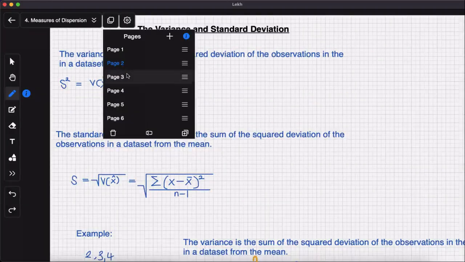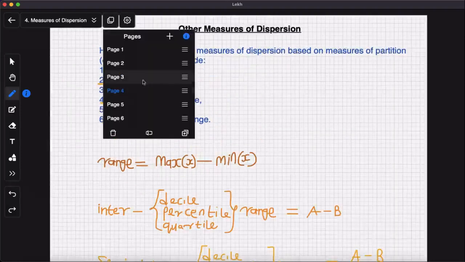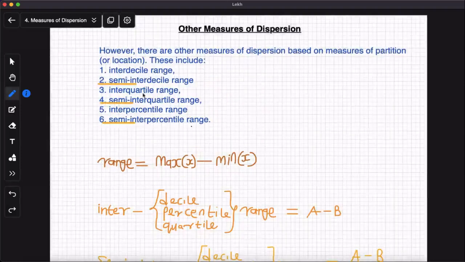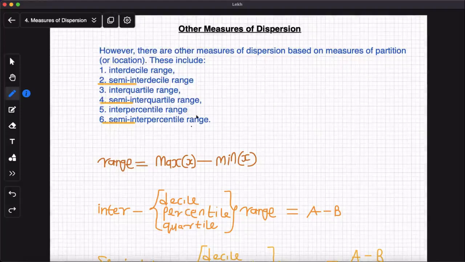We also have the interdecile, semi-interdecile, and the others that we discussed. For those, you do not need a measure of central tendency.